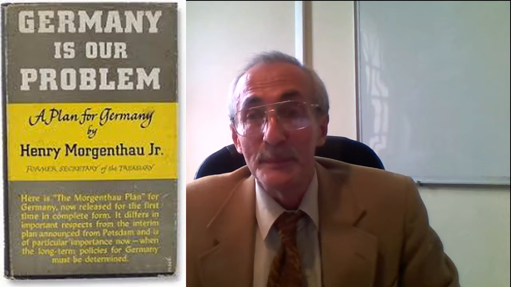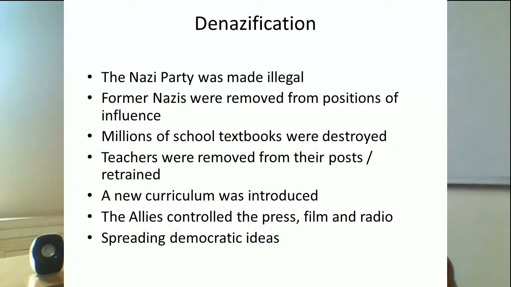Stalin did not support deindustrialization and certainly not dismemberment, creating 3 or 4 German states. So the point is, Stalin was not as radically hurting Germany, punishing Germany, as some American official proposals were.